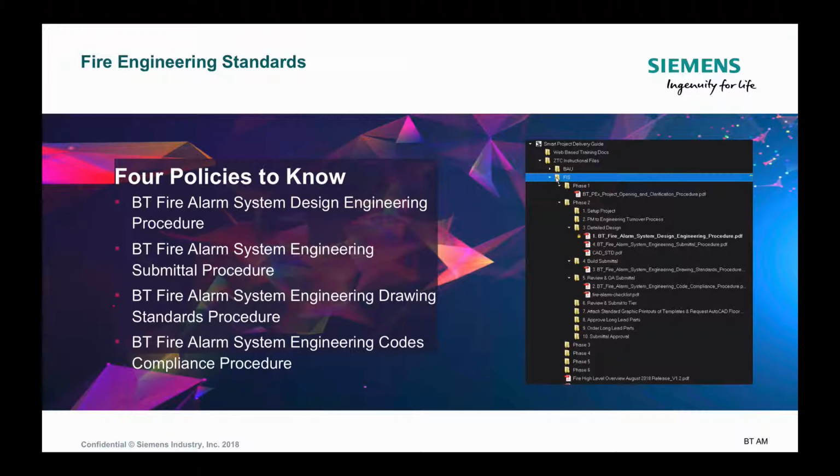The BT Fire Alarm System Design Engineering Procedure, the BT Fire Alarm System Engineering Submittal Procedure, the BT Fire Alarm System Engineering Drawing Standards Procedure, and the BT Fire Alarm System Engineering Codes Compliance Procedure. These policies can be found in the BT Document Management System and are made available to you in the Smart Project Delivery Guide in Bluebeam. These fire engineering policies are required to be reviewed at the conclusion of this training.